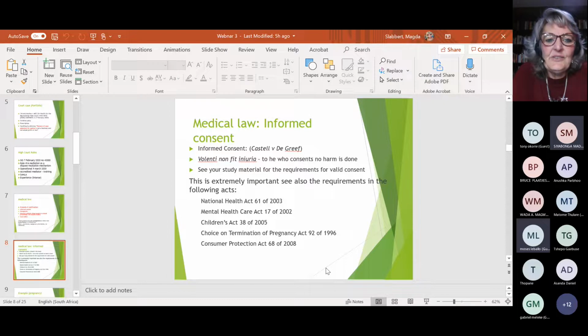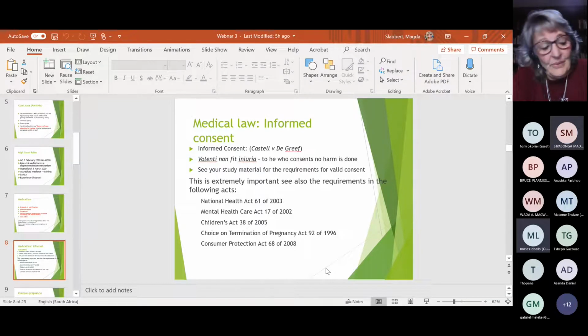So the duty is on the doctor to get informed consent. Just a general remark here as well. In hospitals, it is practice that when you are admitted, the nurse takes you to the ward and she has that file and she goes through all these documents and asks you all the questions. I know that is how it is done in practice, but it is actually not correct, because at the end of the day, in the doctor-patient relationship, it is the doctor that must get the informed consent.